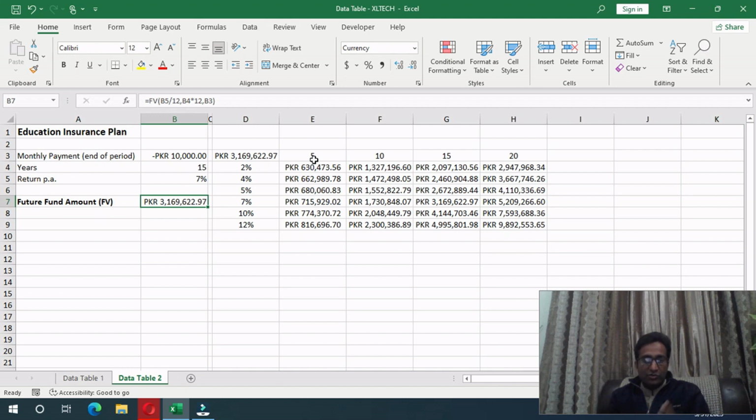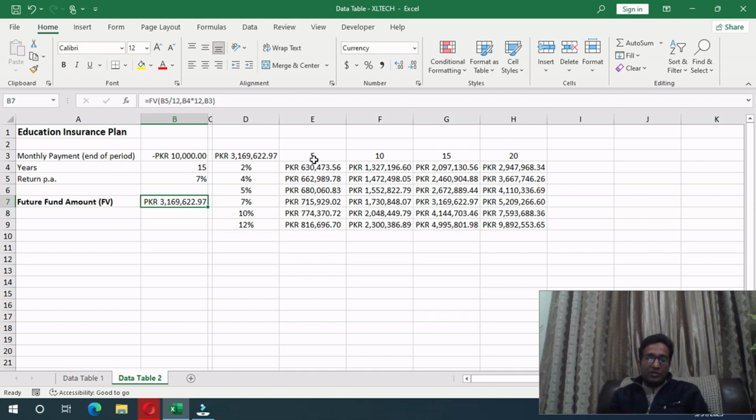Maybe EFU is offering you a 7% interest rate and some other insurance companies are offering you 9% or 10% for the same 15 years. So you can have a better idea which investment is comparatively stronger and better compared to the other, and you can make an efficient decision based on the outcomes and changing the different scenarios. So the data table is a strong technique that can help you make a very good decision.